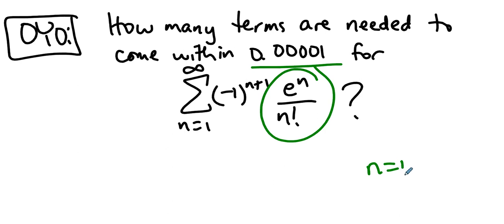And it turns out that 15 terms are needed. The 16th term is the first term that's less than 0.00001.